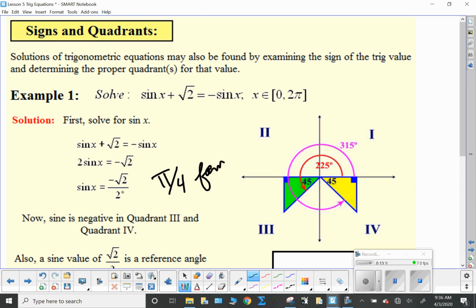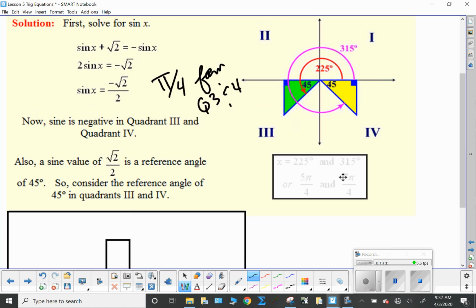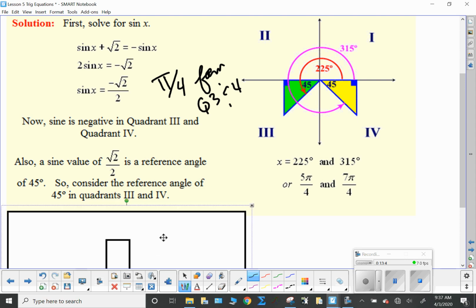And in which quadrants? Well, sine is negative in quadrants 3 and 4. So quadrants 3 and 4. The root 2 over 2 is just my reference angle. So I come down here, and I get 5 pi over 4 and 7 pi over 4. If you wanted it in degrees, there's the degrees. Okay?